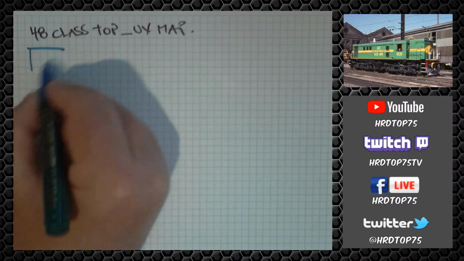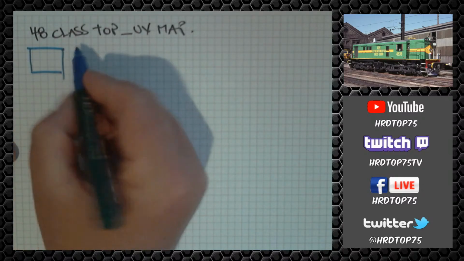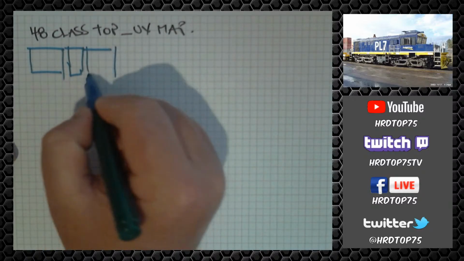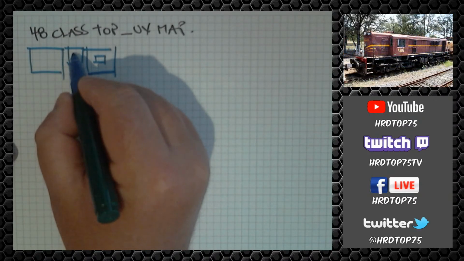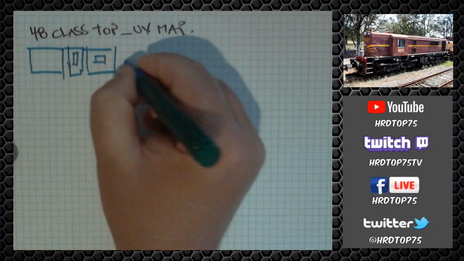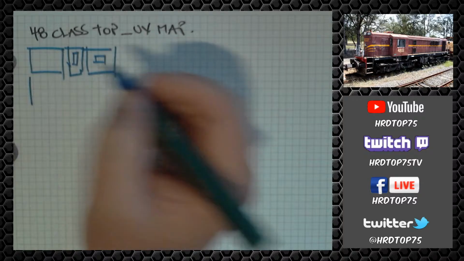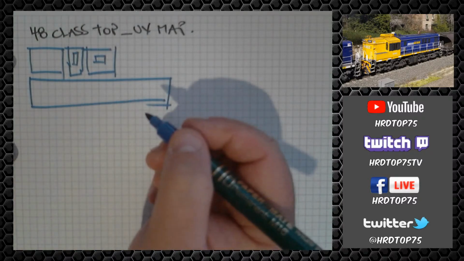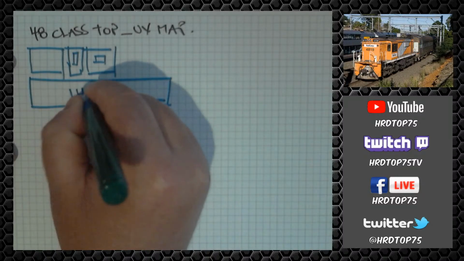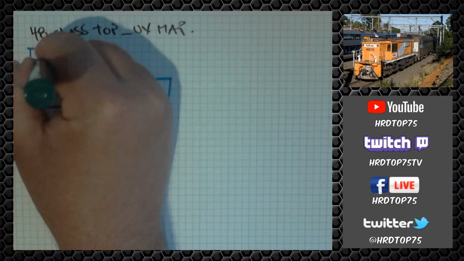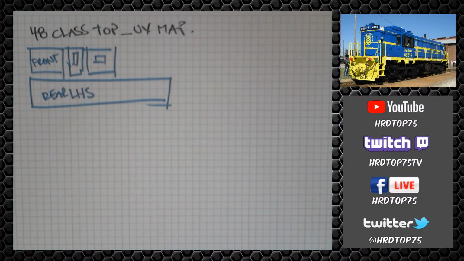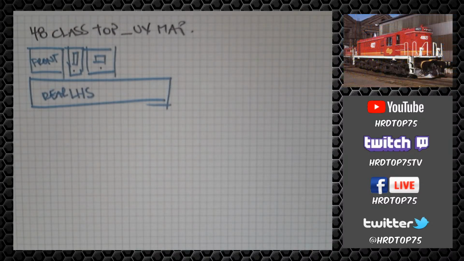I'm going to go square, a window, okay, front, rear, windows and windows. So now I know roughly what I'm looking at.